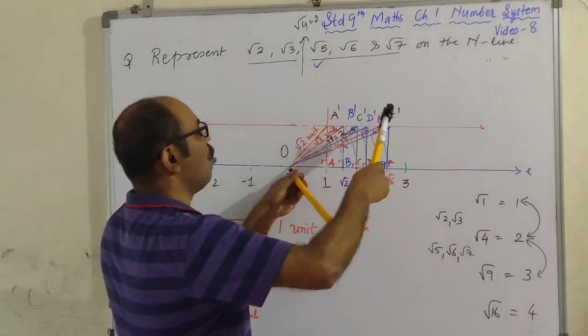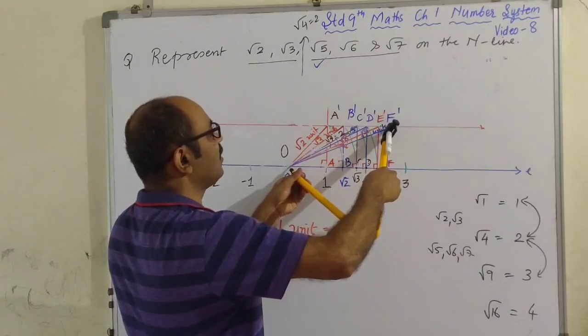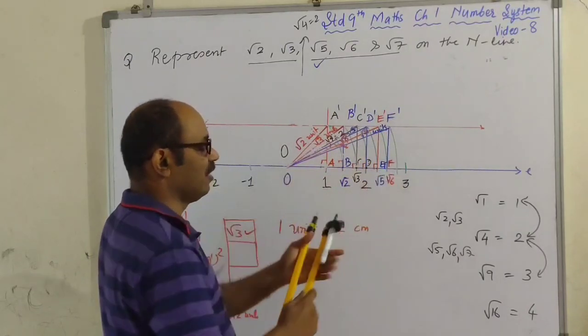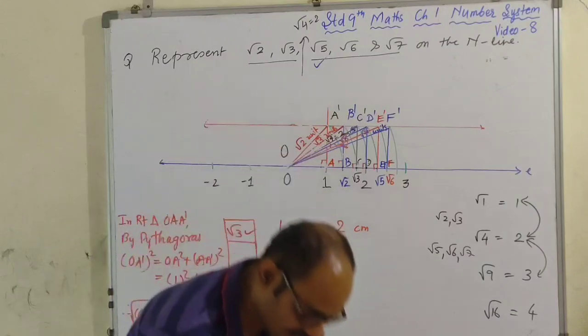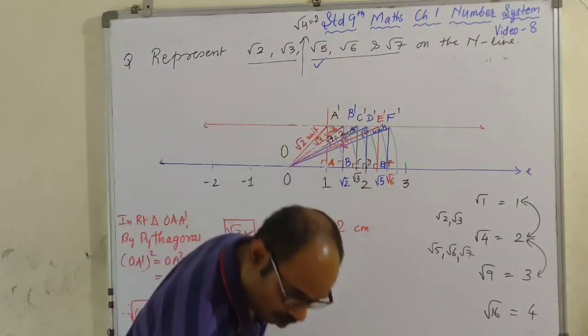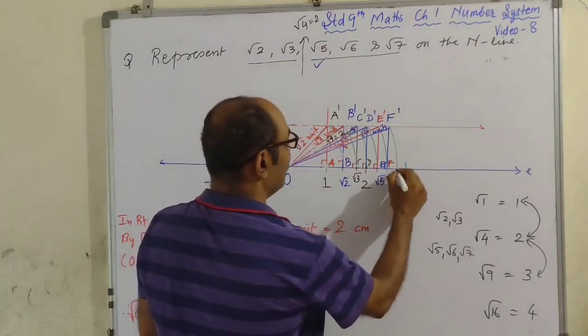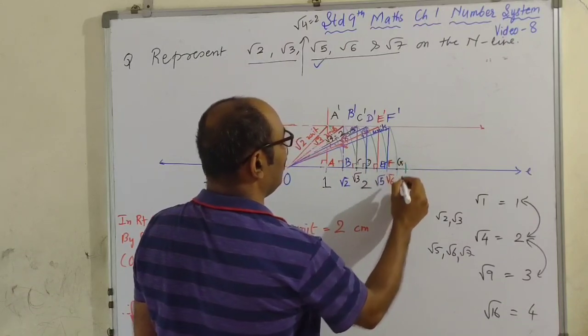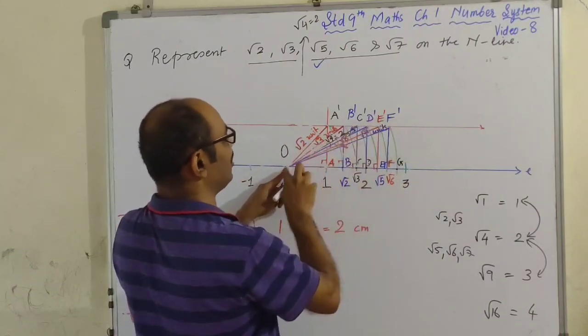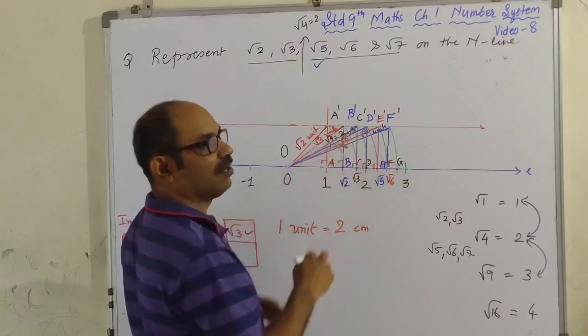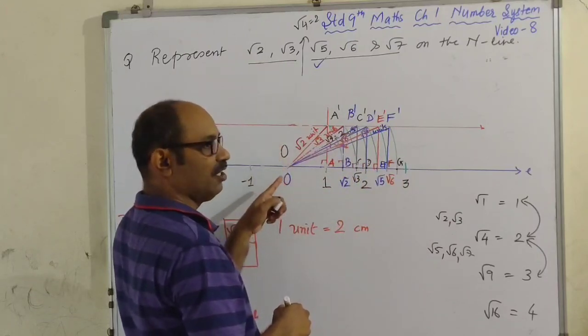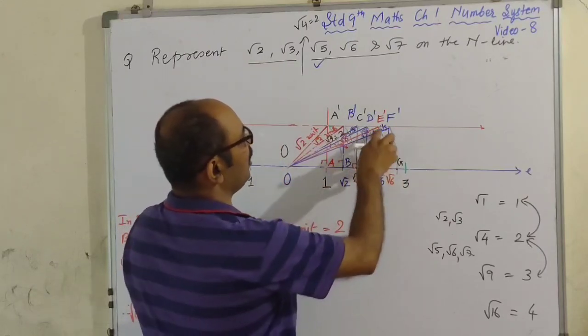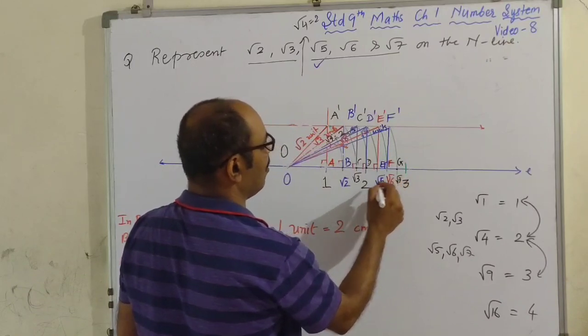Take radius OF dash and project it on the number line. I got a new point here. After F, G. Now OF dash is equal to OG and that is equal to root 7. O is the origin corresponding to 0. So G corresponds to root 7.